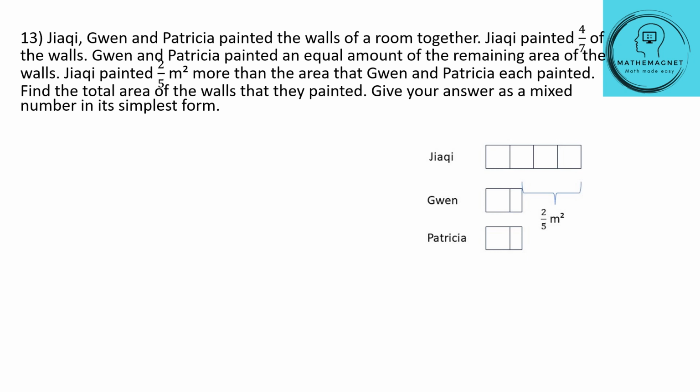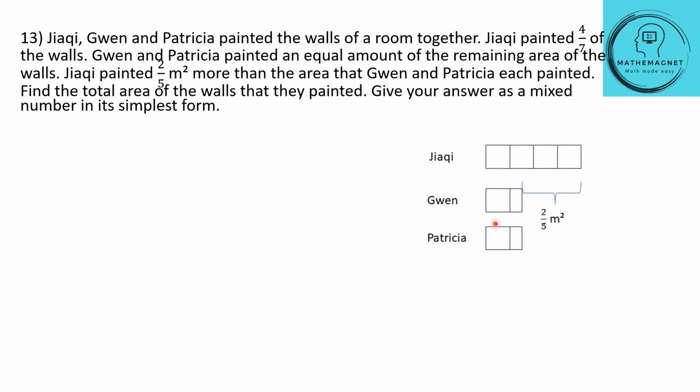So out of the 7 units, 4 units have been painted by Jiaqi and the remaining 3 units have been divided equally amongst Gwen and Patricia. So now when we divide 3 units by 2 it becomes 1.5 units, right? So Gwen and Patricia will have only 1.5 units, whereas Jiaqi has 4 units.